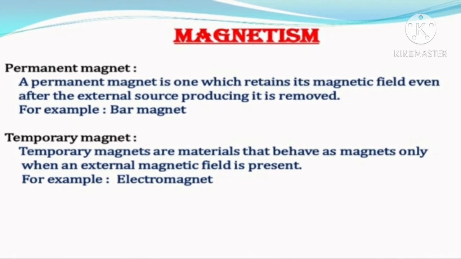Permanent magnet. A permanent magnet is one which retains its magnetic field even after the external source producing it is removed. And temporary magnets. Temporary magnets are materials that behave as magnets only when an external magnetic field is present.